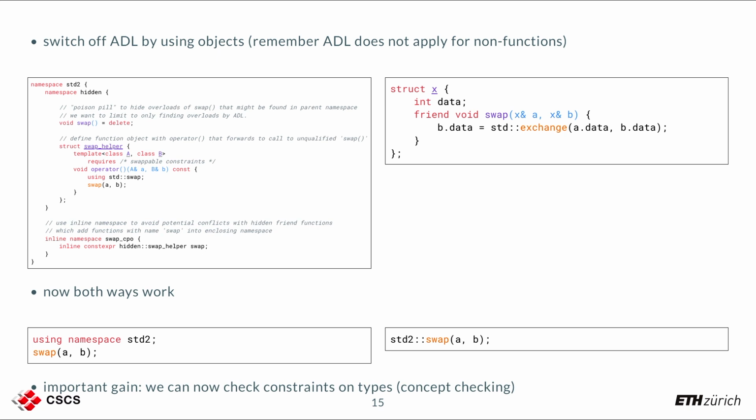You have to wrap it in an inline namespace, and you can add something which was dubbed a poison pill to avoid some bad ADL matches.